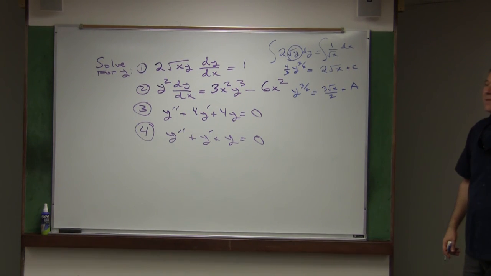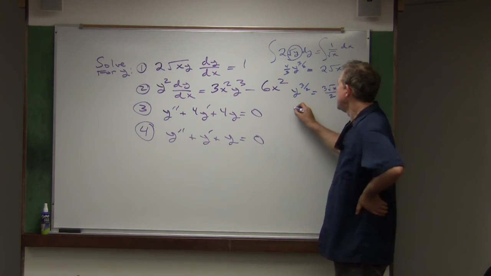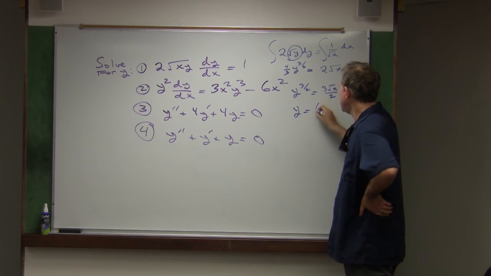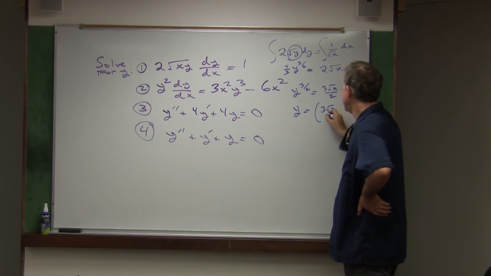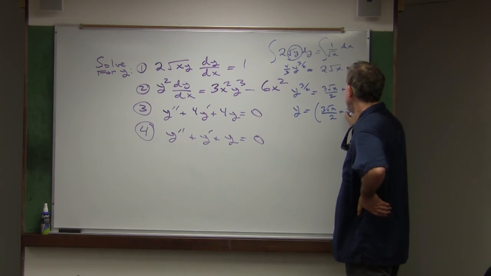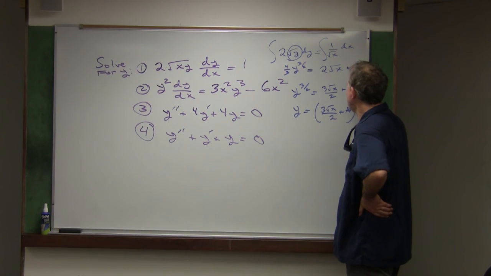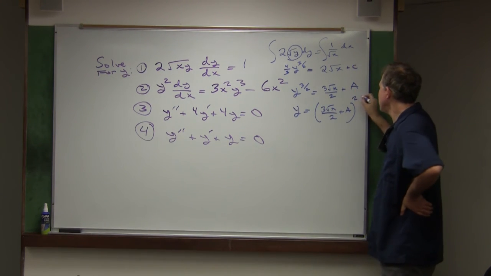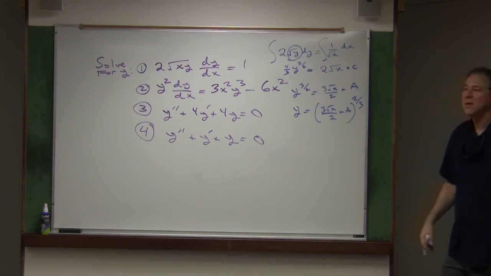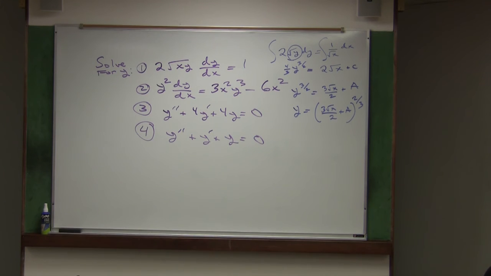And then, how do you undo it? Y is equal to, then you cube it, so this to the 2/3. Yeah, very good.